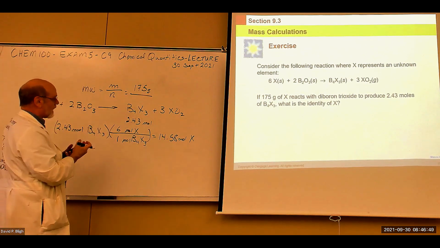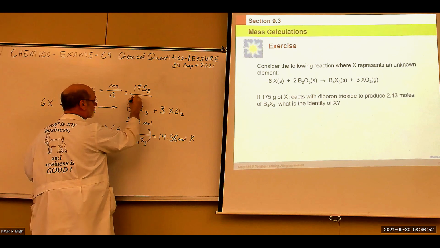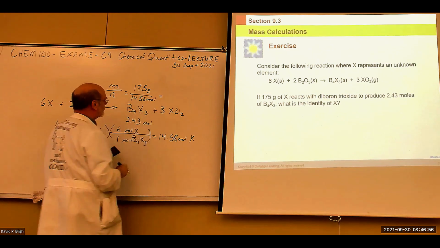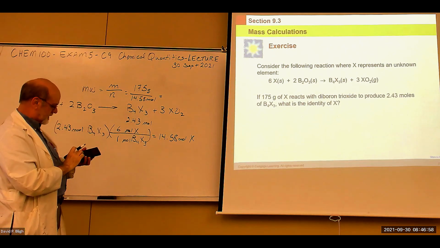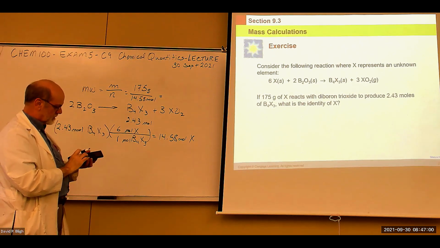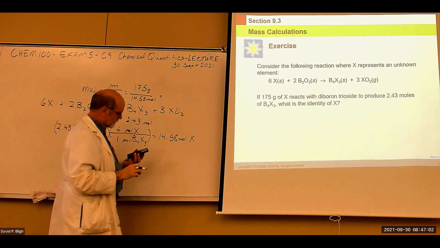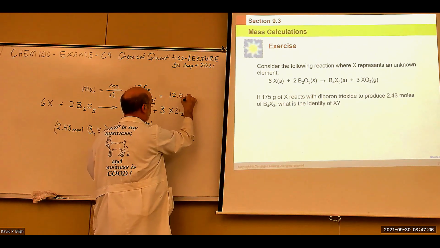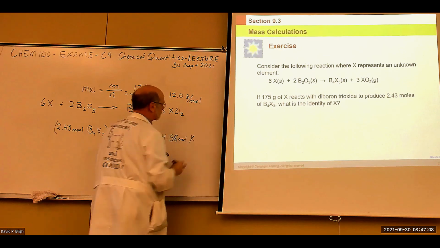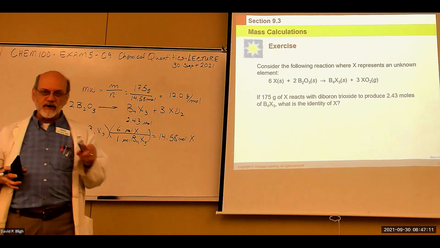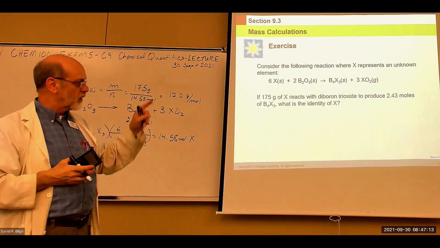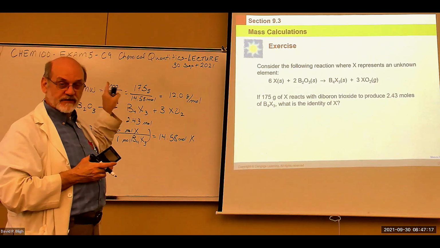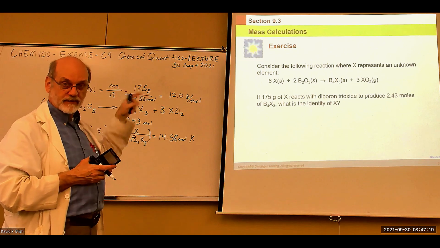Okay? So now we have what we need. So I divide that into 175, and I get 12.0 grams per mole. Now all you have to do is go to your periodic table and watch the molar masses of the elements increase from left to right and top to bottom.